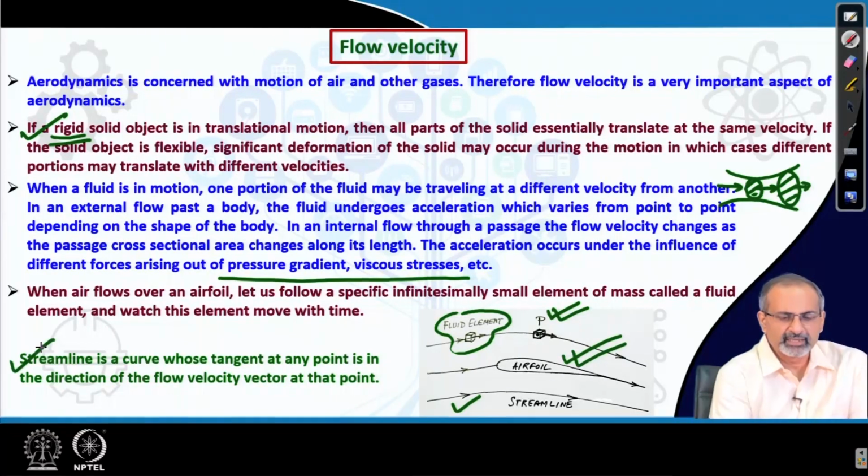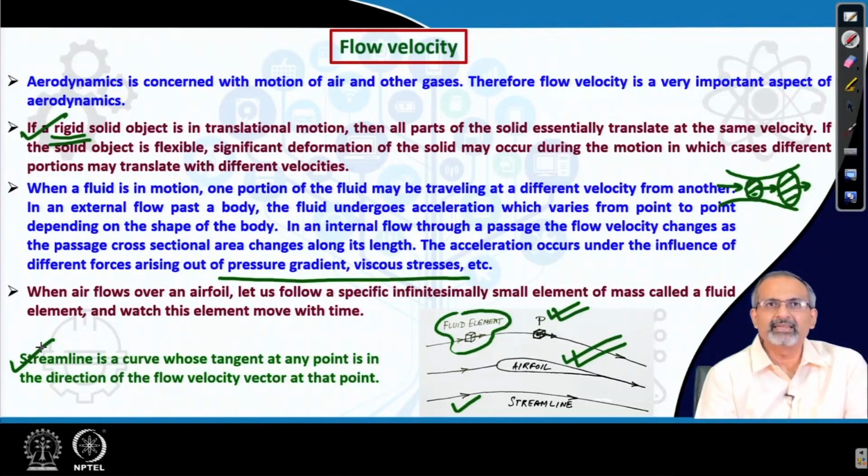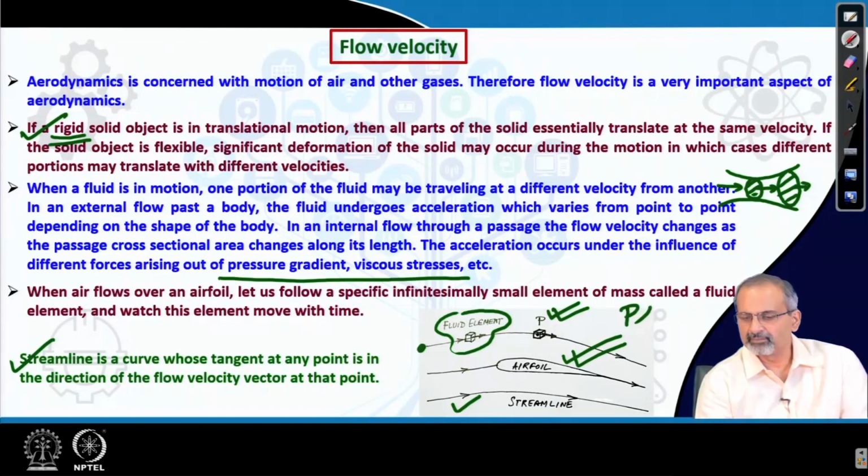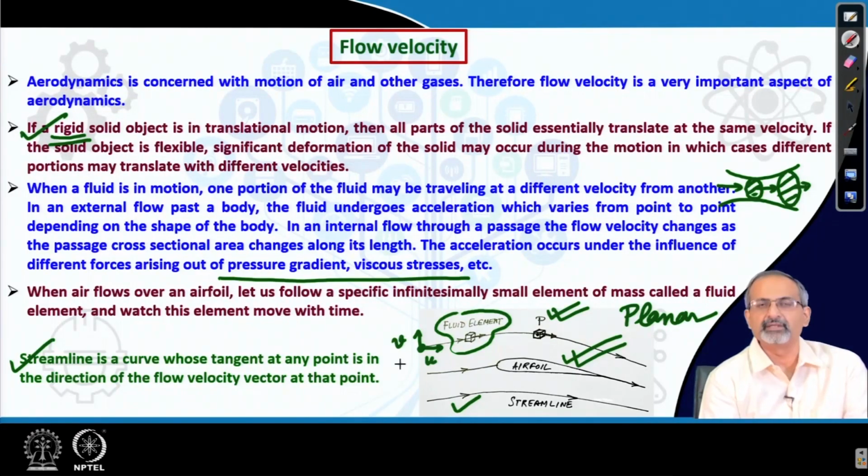By definition, a streamline is a curve whose tangent at any point is in the direction of the flow velocity vector at that point. So, if you look at different points, since this is a planar flow, this flow can have two components of velocity, x and y, which you can call u and v.